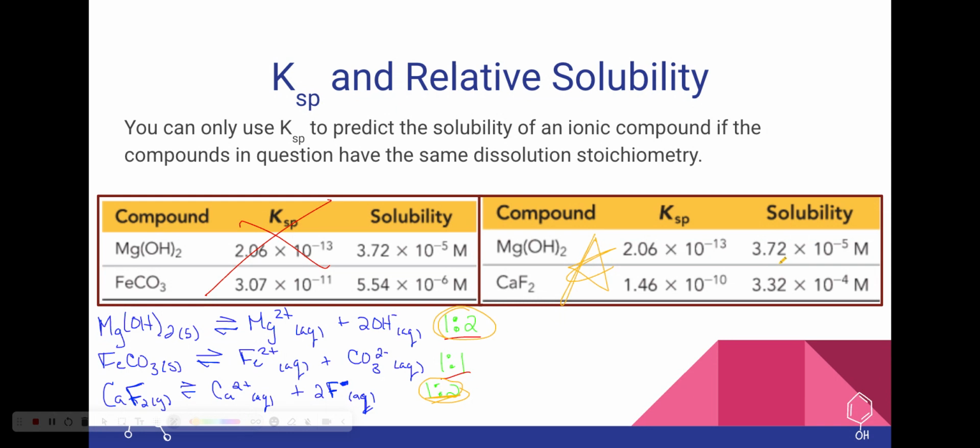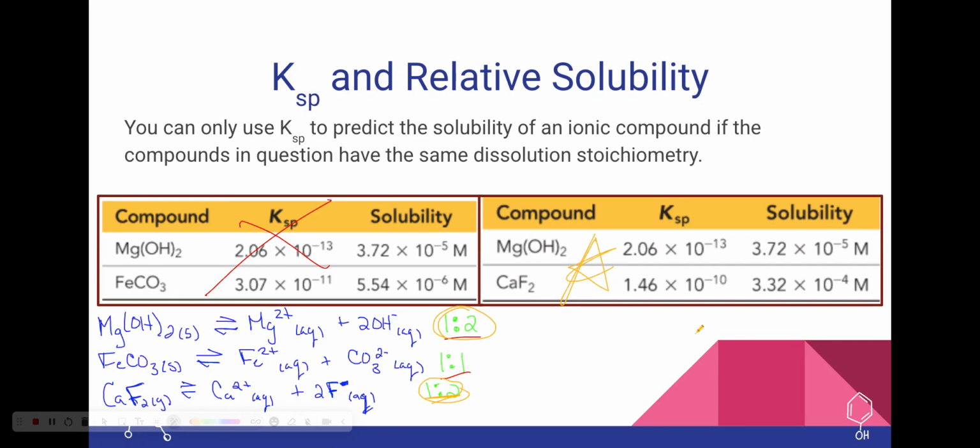And if you look at their molar solubilities, that is indeed true. Calcium fluoride's solubility is 3.32 times 10 to the negative 4th, where magnesium hydroxide is 3.72 times 10 to the negative 5th. So again, in order to compare KSP to relative solubility, they have to have the same dissolution stoichiometry.